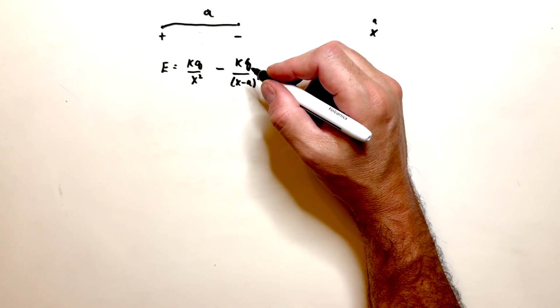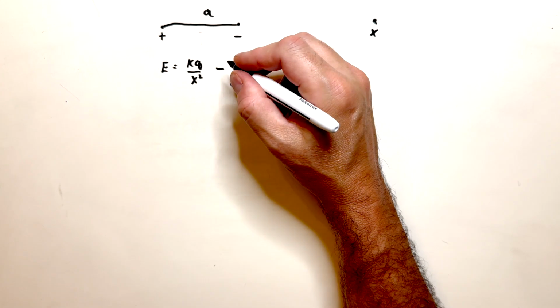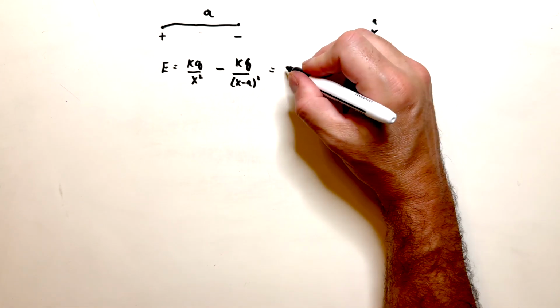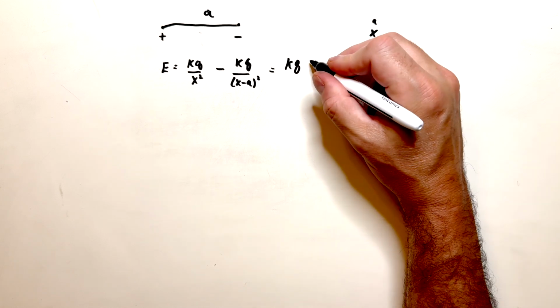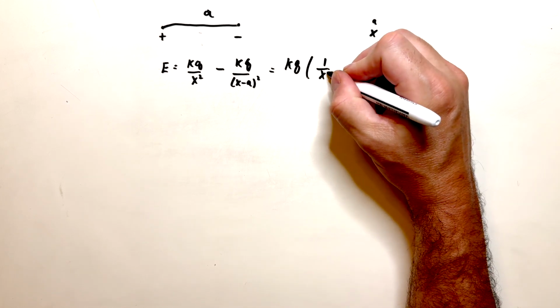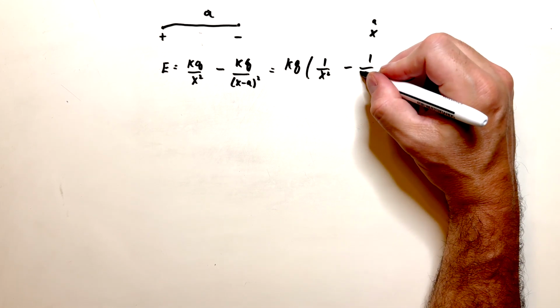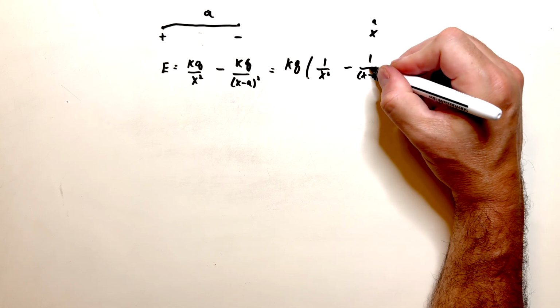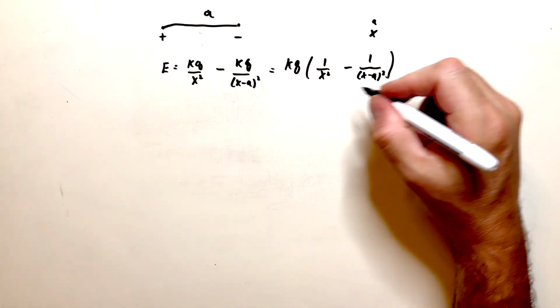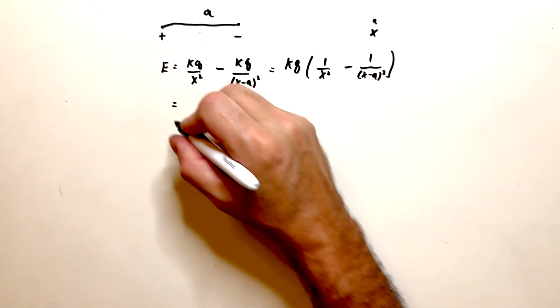So what do we do with that then? Well, we can factor out the kq. So we have kq times 1 over x squared minus 1 over x minus a squared. Now it's just a little bit of fraction math.